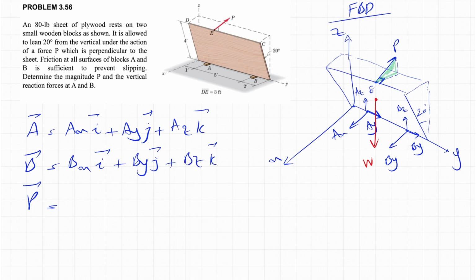And if we look at this triangle that I'm highlighting in green now, this will be the right angle. And we need to figure out the angle in here. If this angle is 20, which we know from the question, this angle has to be 20 degrees.